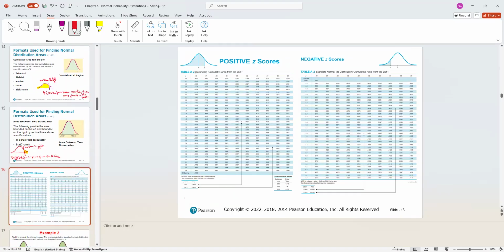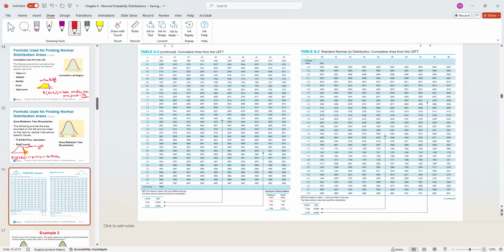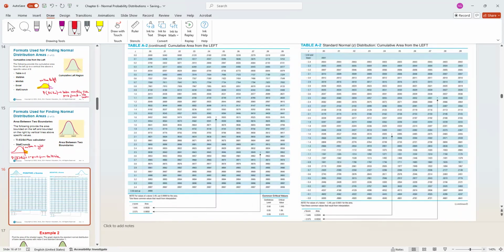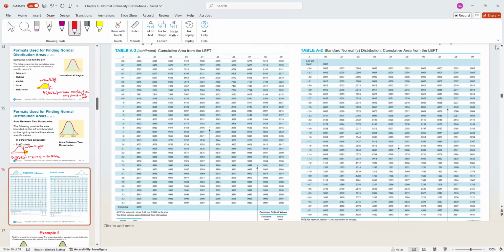It's hard for you probably to see what the tables are exactly, I don't know if you can read it. It all depends where you are. So this table here, for example, I'm going to give you an example: what is the probability that Z is 1.25?